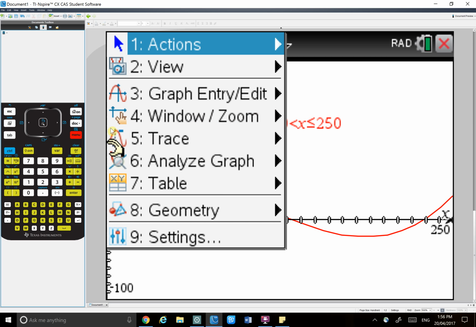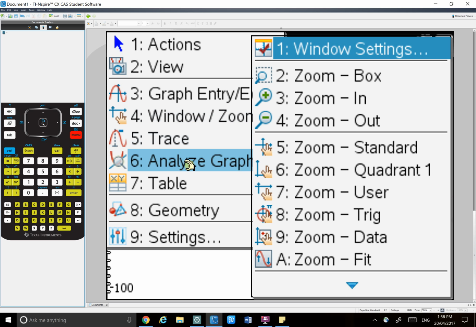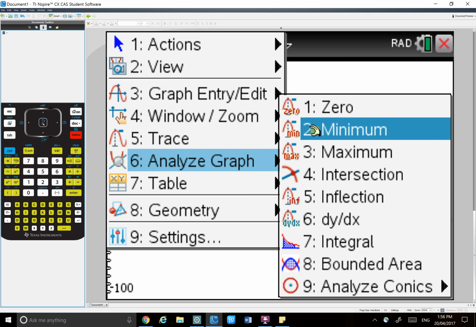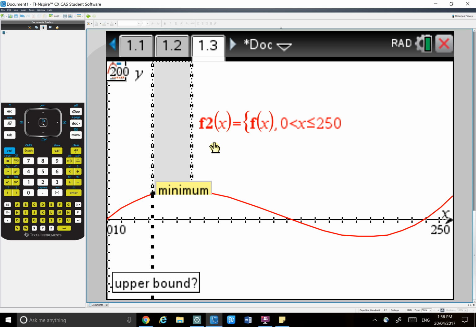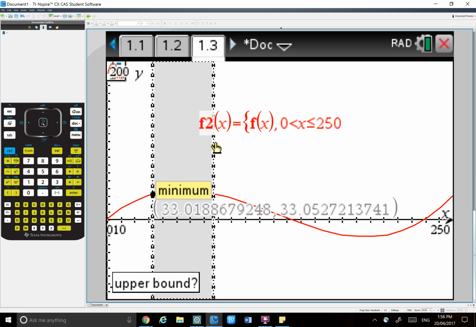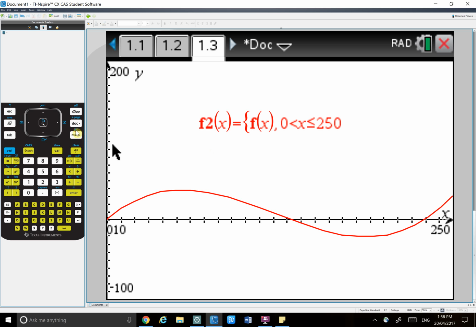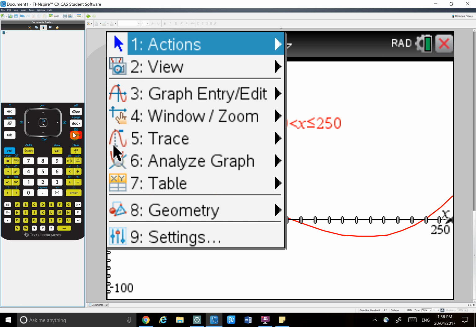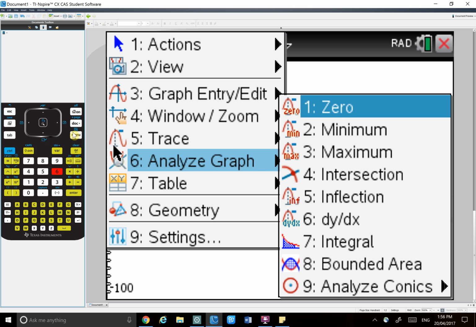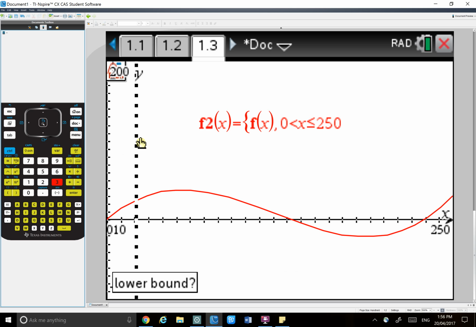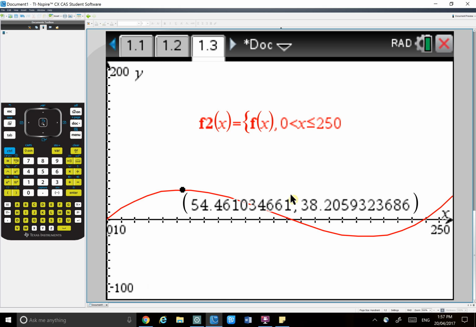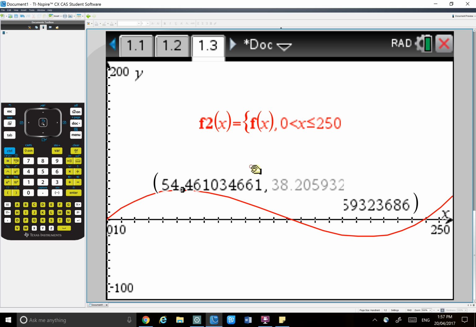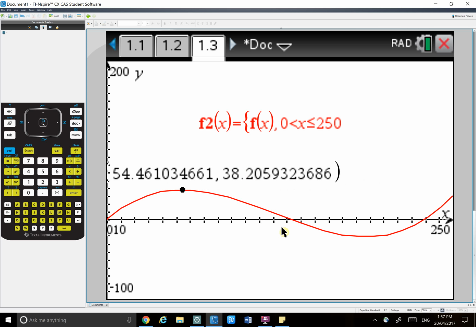So Menu number 6. First, I want to find the maximum turning point. Okay, left. Oh, wait. That's the minimum. Menu number 6, number 3 is the maximum. Okay, here and here. That's my maximum. You can see that's 12 significant figures.